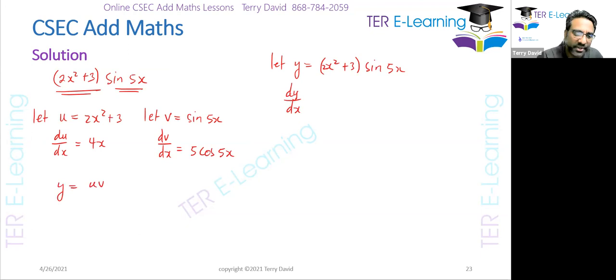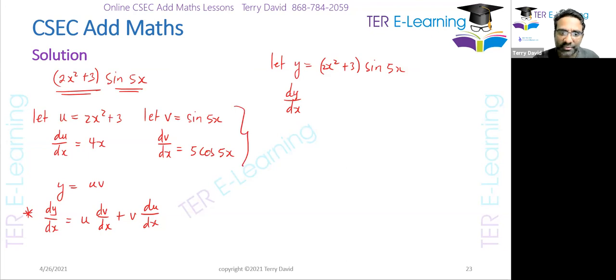If you have y equal uv and you want to find dy dx, it's going to be u multiplied by dv dx, plus v du dx. This is our product rule here, and we have everything across here in order to substitute into that formula.